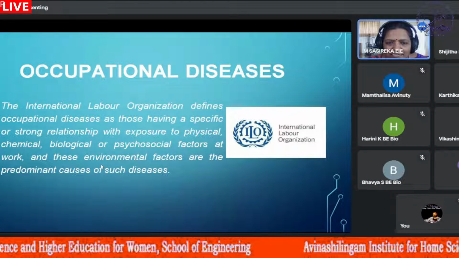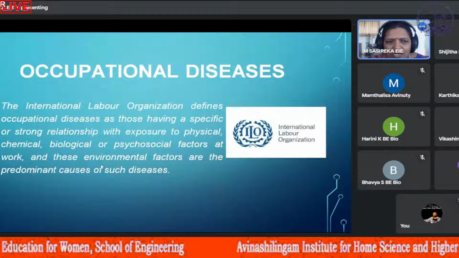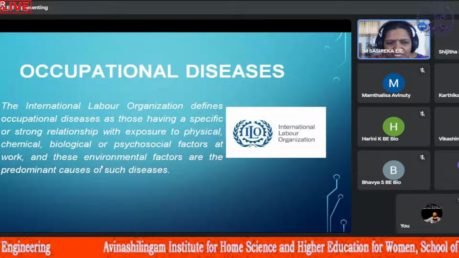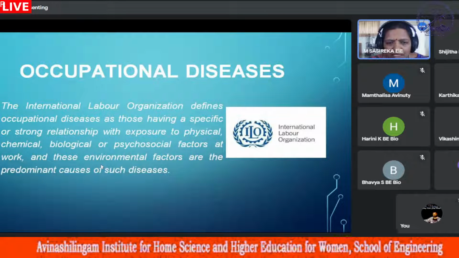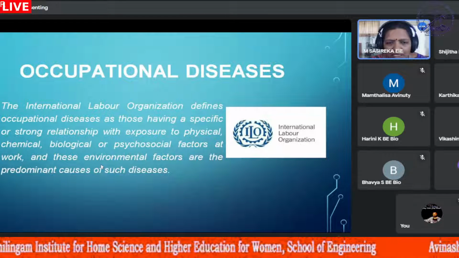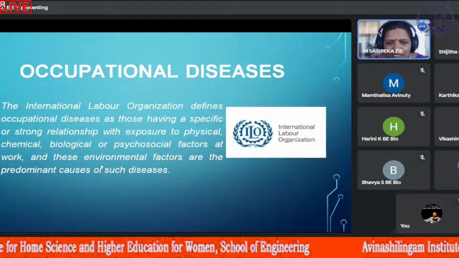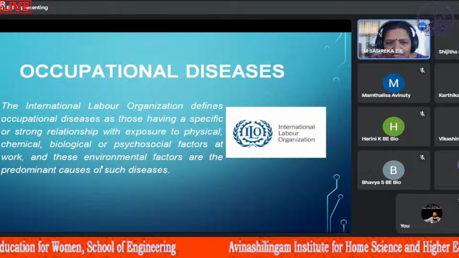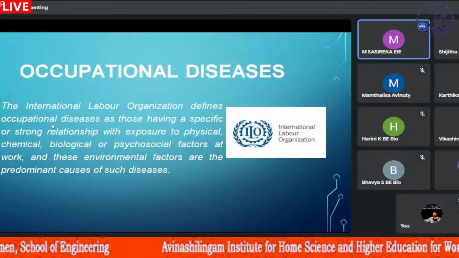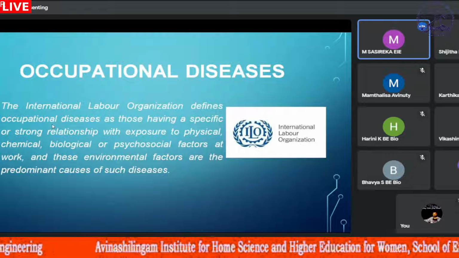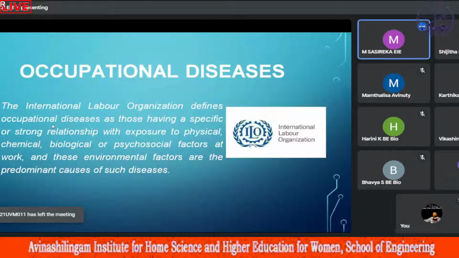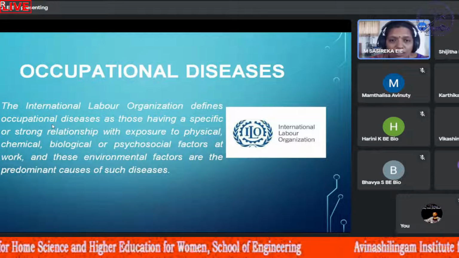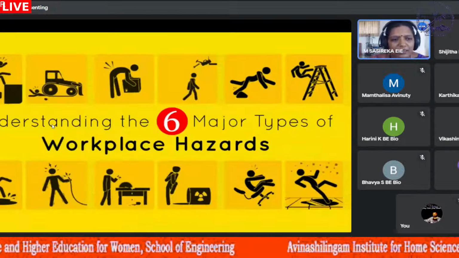That will create some disease, and that disease we call occupational disease. It may be exposure to physical, chemical, biological, or psychosocial factors at the work area. Hope you're clear with occupational diseases. Whatever surroundings we work in, we will have some disturbances, and knowingly or unknowingly, we will be affected by these environments. So that we call occupational diseases.